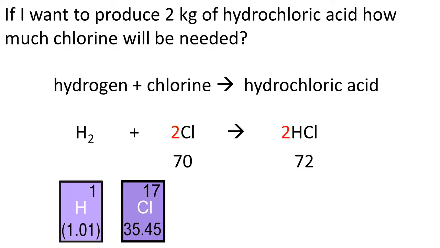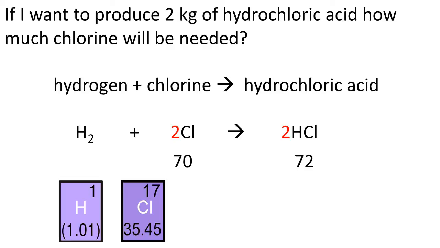There's our relative formula masses. I've rounded chlorine down to 35 there. The question will state whether you do that or not. In your exam paper, it will state whether you round it down or you keep it as 35.4 or 35.5. In this case, I've rounded it down to 35, and that gives me relative formula masses of 70 and 72.